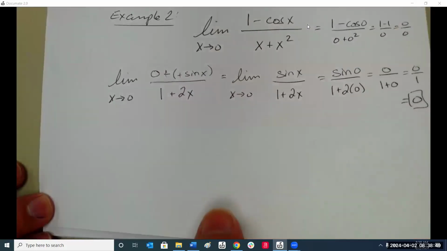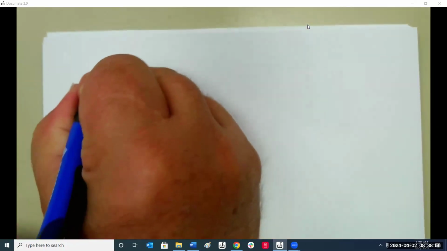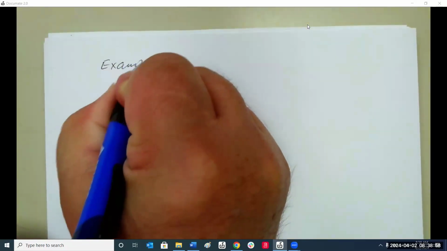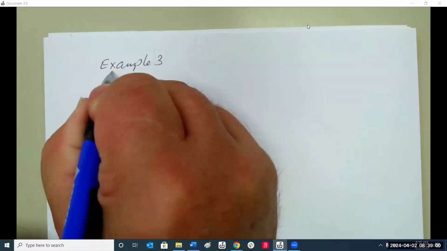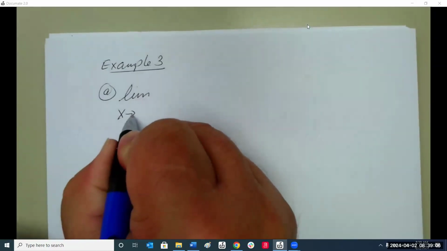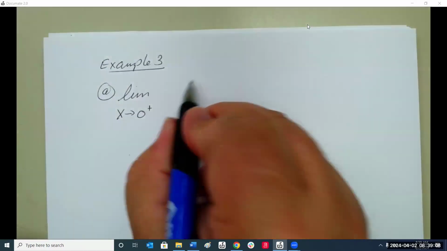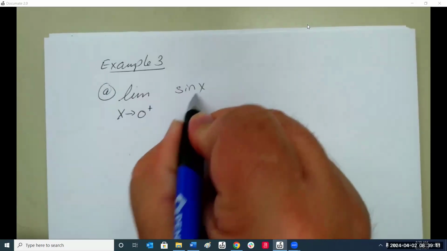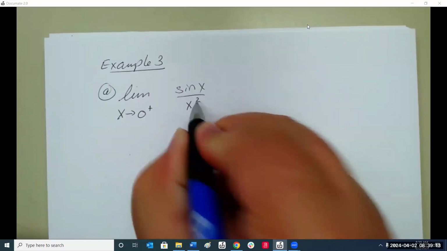Okay, let's get some more practice under our belt. The limit as x approaches 0 from the right of sine x over x squared.